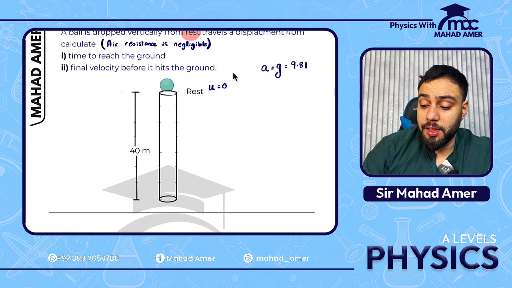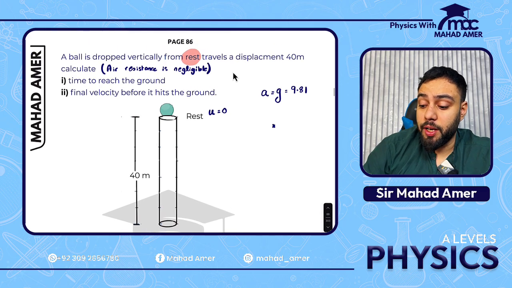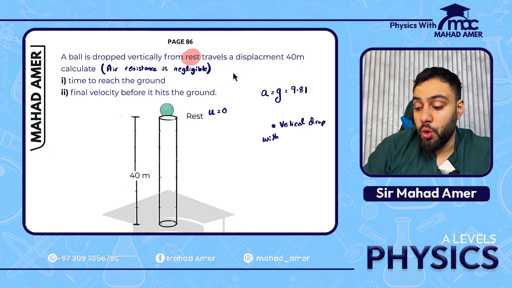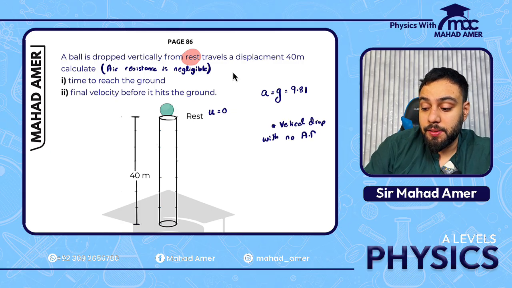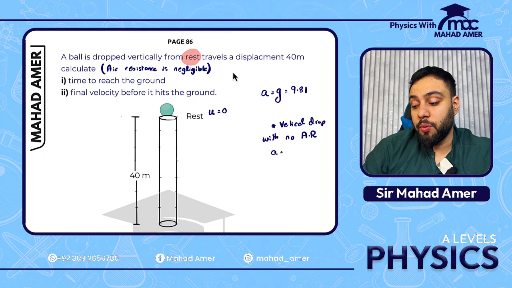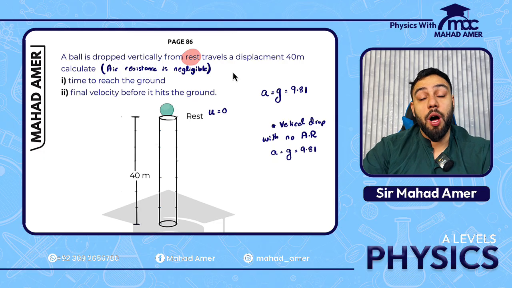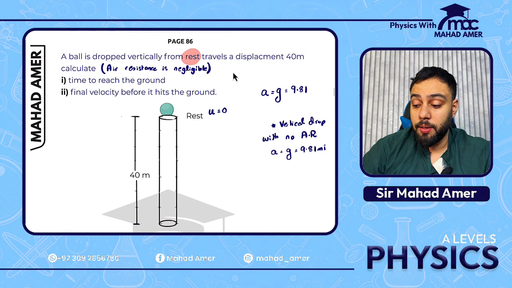So what we just discussed is during a vertical drop with no air resistance, acceleration will always be equal to gravity, which will be equal to 9.81 meter per second square.